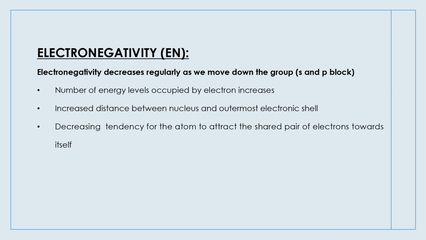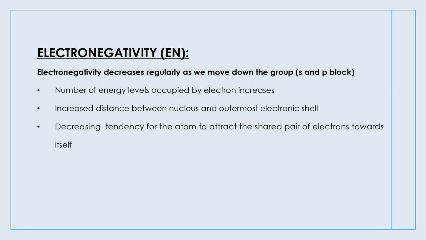This increases the distance between the nucleus and the outermost electronic shell. And when the distance is increased, the tendency of the atom to attract the shared pair of electrons towards itself will decrease.